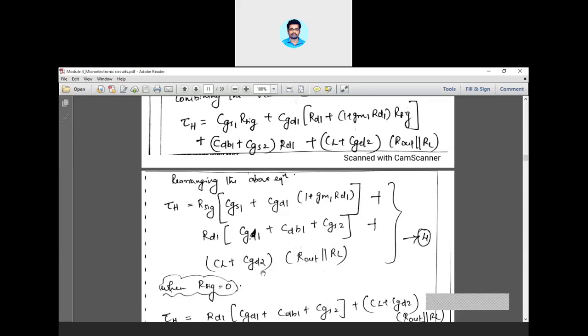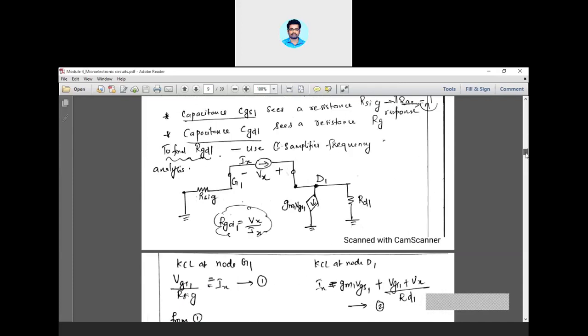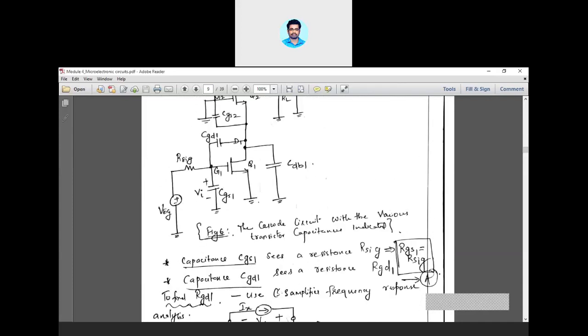Now coming to a special case where we are interested. This is very important, this particular case, when RC is equal to 0. We are not going to put any resistance on the input side. What is the speciality of RC? RC is a resistance which is offered to the input signal. So if you are putting an RC in the input terminal, there will be some voltage drop across RC.